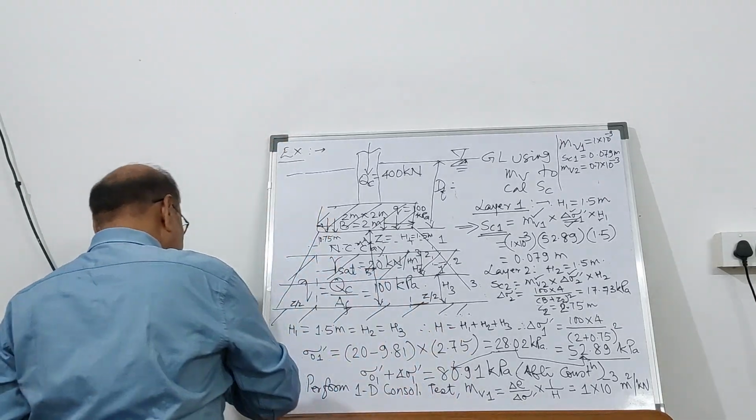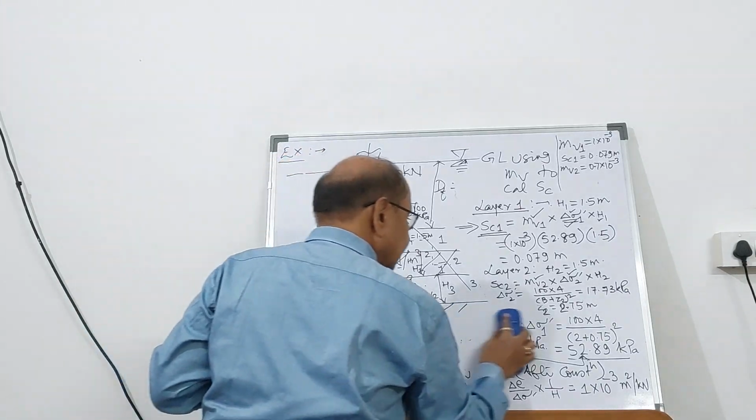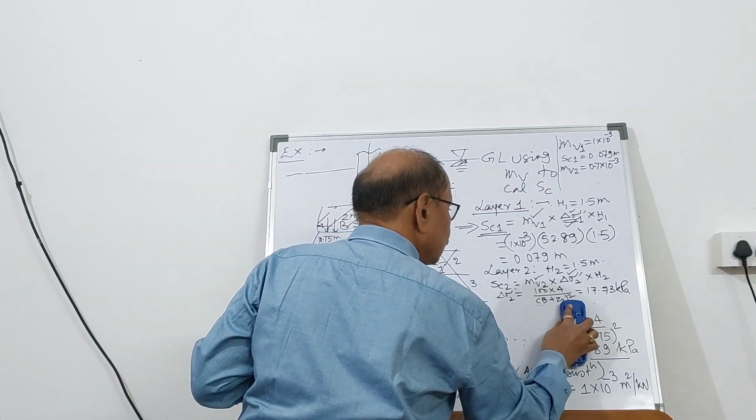Now, what is the effective overburden pressure at point B? That we can calculate.